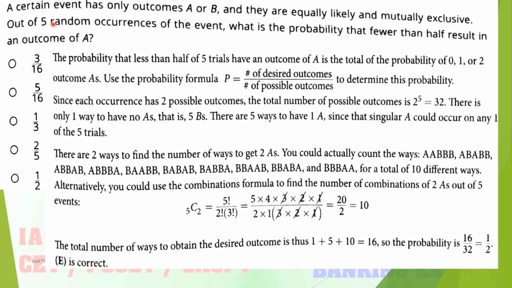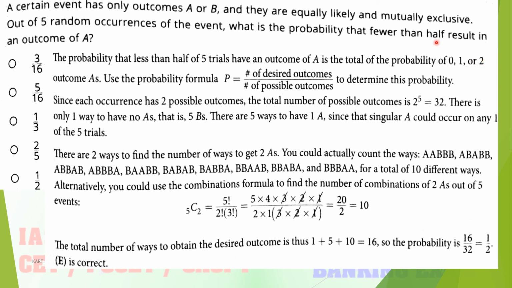Half of 5 is 2.5, so less than half is nothing but 2. So the A value is at most 2: either A is 0, either A is 1, either A is 2. Like that, a total of 3 possibilities.